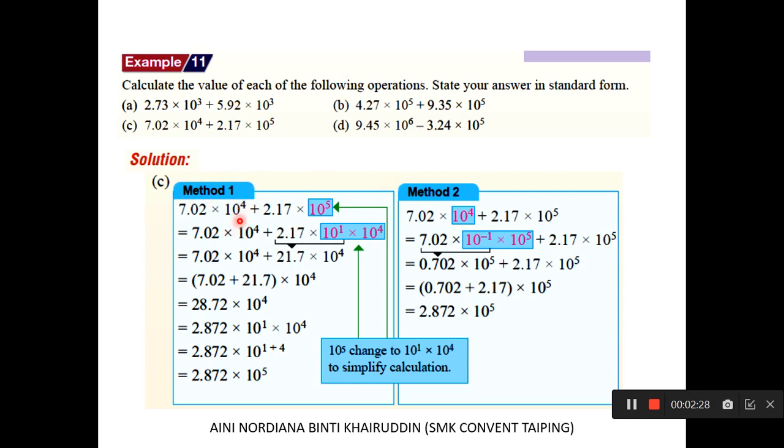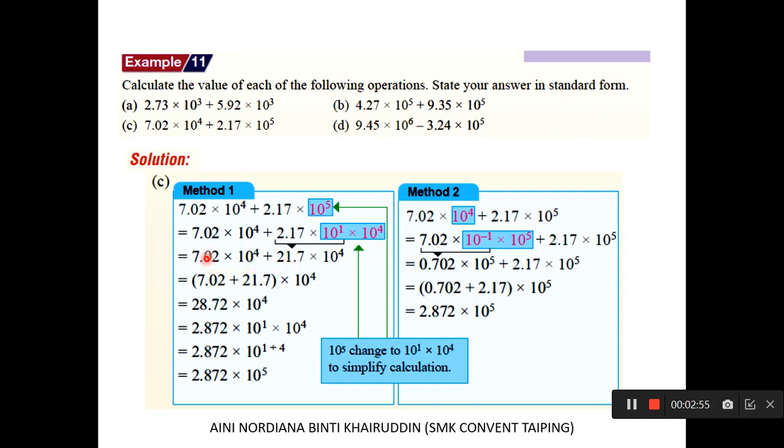As you can see, 10 to the power of 4 here and 10 to the power of 5 here, which is not equal. So we have to do something with this. 10 to the power of 5 changes to 10 to the power of 1 times 10 to the power of 4. Why do we do this? We want the same value here, 10 to the power of 4, so here also 10 to the power of 4.